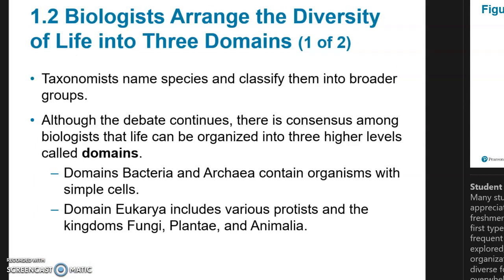Okay, there we go. All right, so the domain is the very highest or most broad level of organization, and it goes down to kingdom next. And so in the domain bacteria, there's only one kingdom. Does anyone know what it's called?